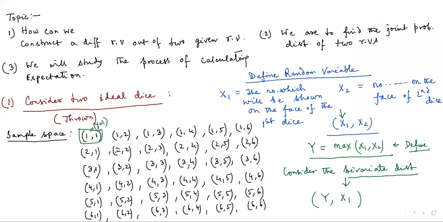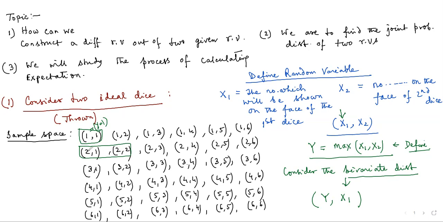But if we consider the second one, that is 2, 2, in this case you see the max is 2 and the value of the first random variable x1 is also 2. But there is another possibility, which is 2, 1. So when we consider the max y equal to 2, and at the same time the random variable x1 is going to have the value 2, there are two possibilities, 2, 1 and 2, 2.